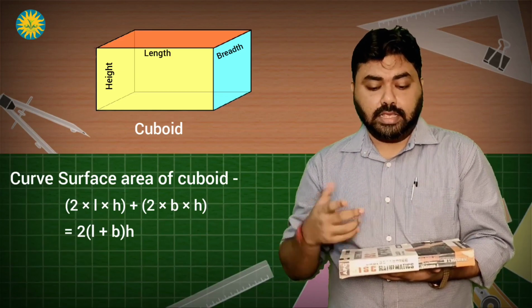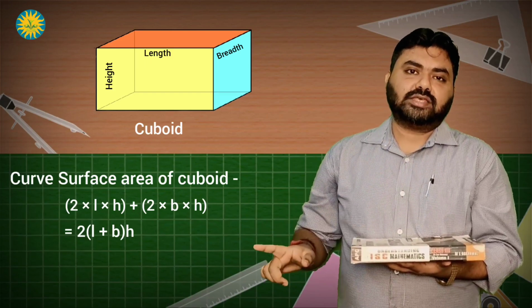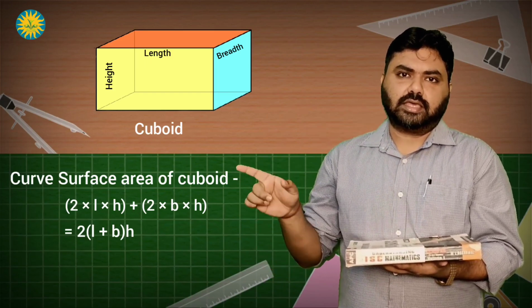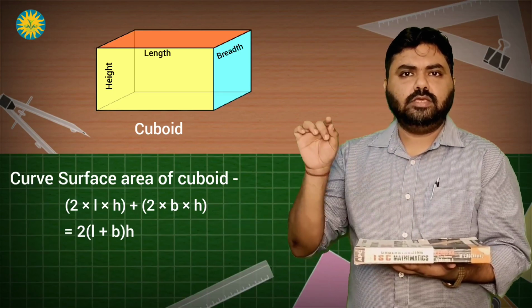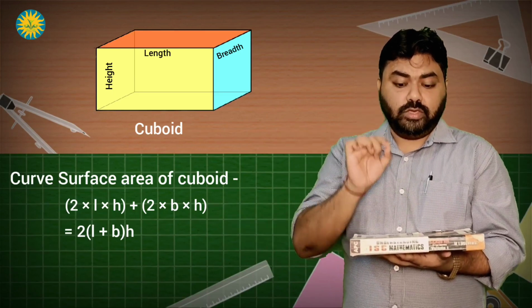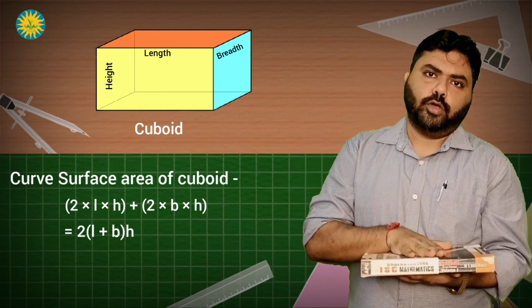Perimeter of which figure? This is the three-dimensional figure of the rectangle, the two-dimensional figure rectangle. The perimeter of rectangle into height, that is 2 into (L plus B) into H. That is how we find the curved surface area of a cuboid.